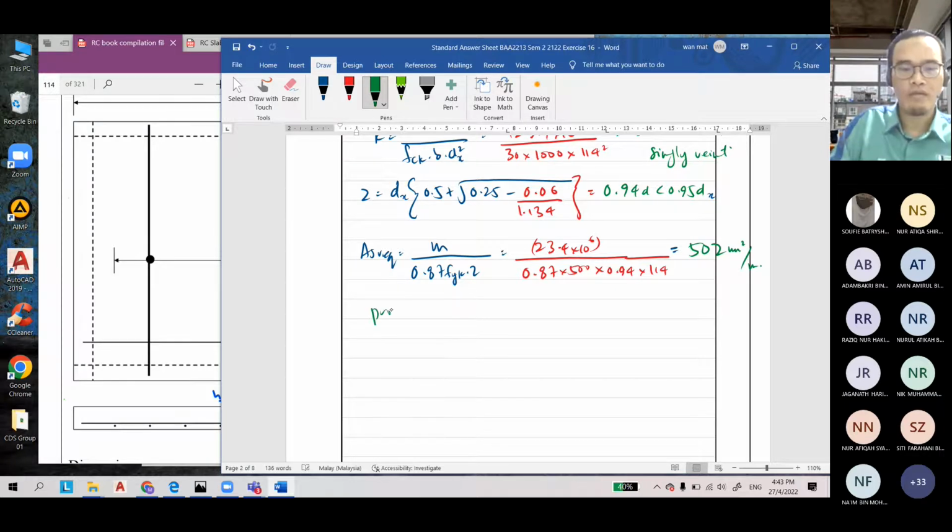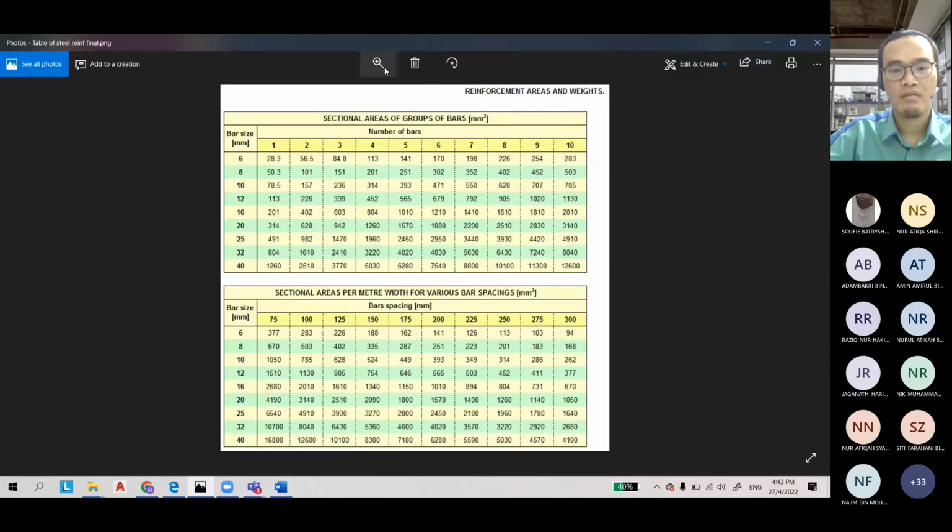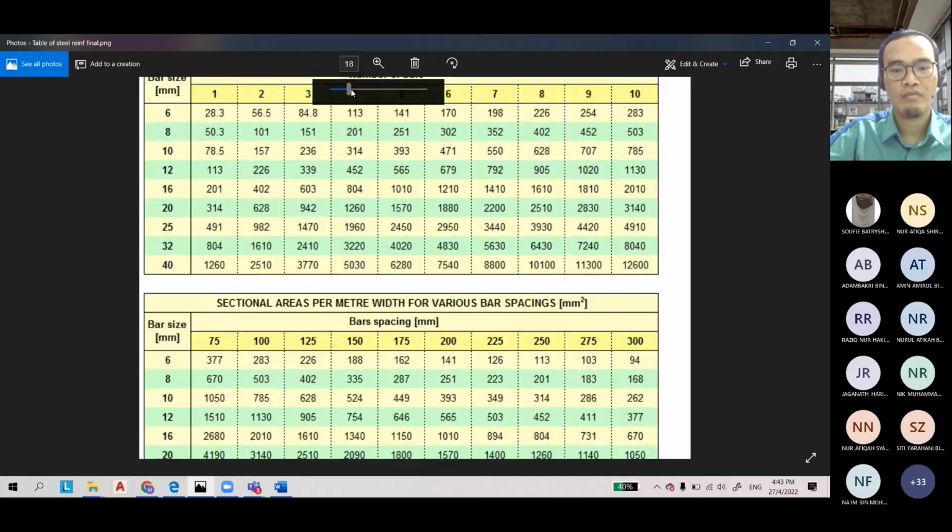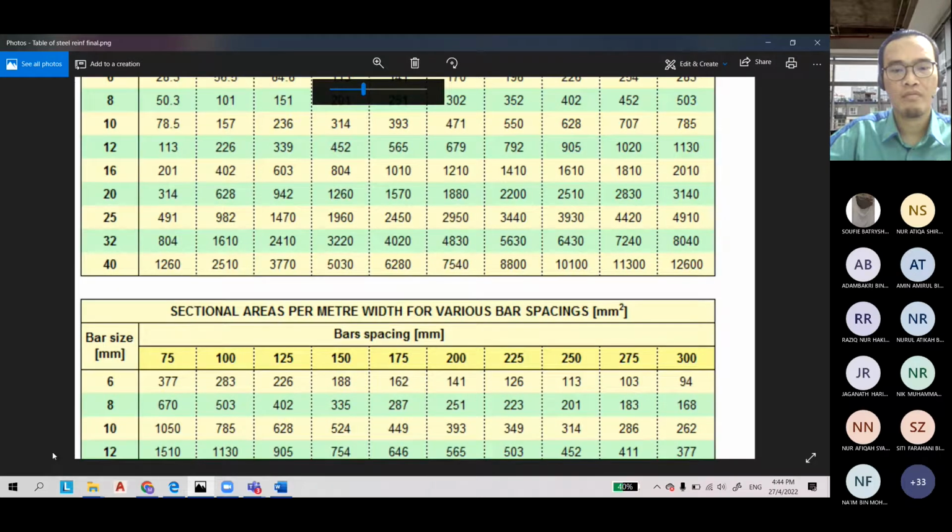So you provide, you refer to the table. Okay, select from the H12. Which distance? Focus only on bar diameter size 12 mm.